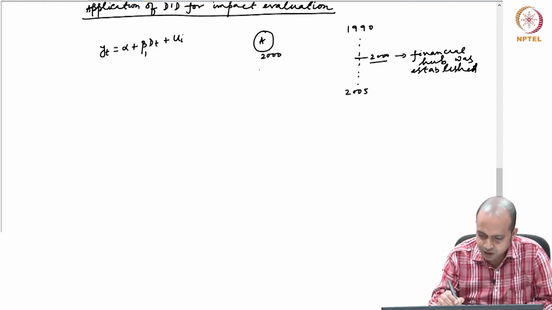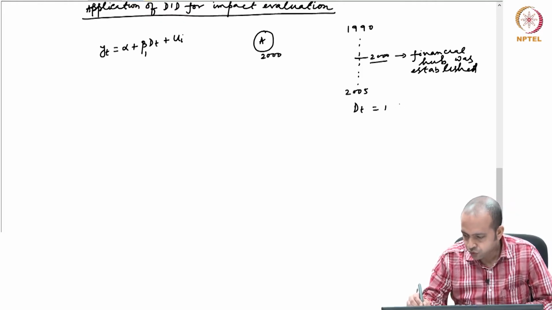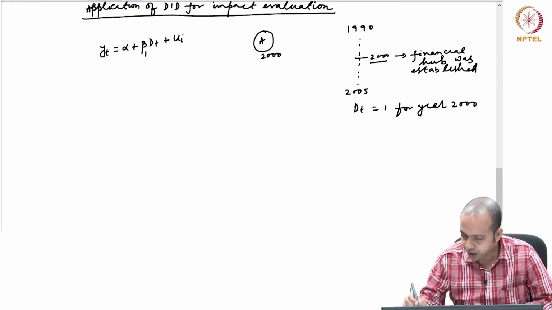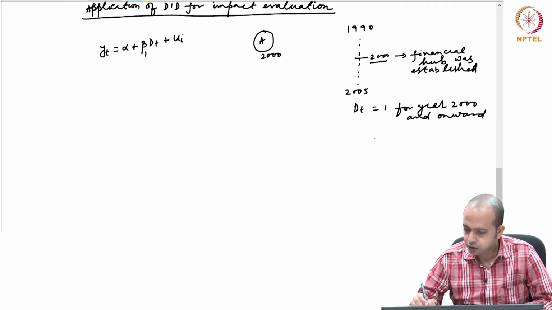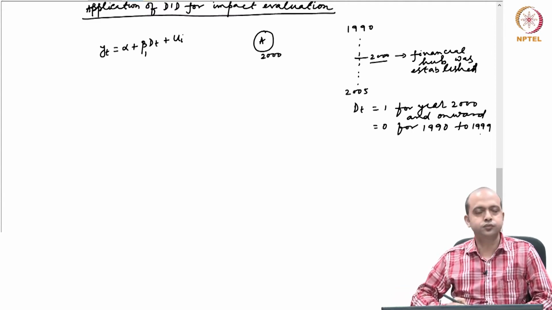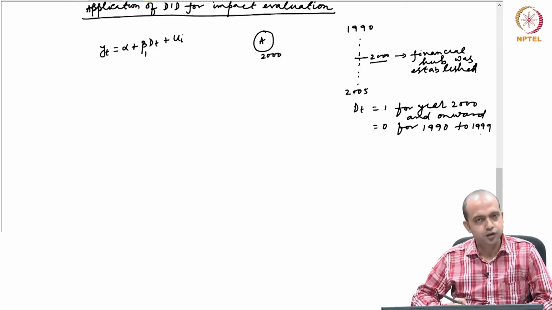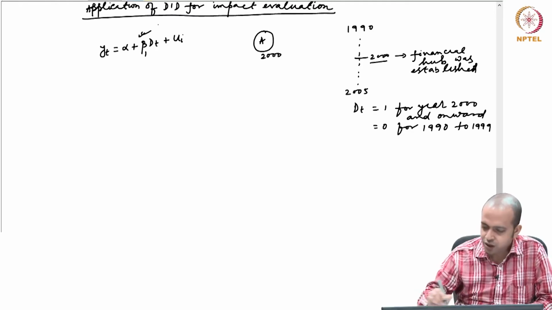Dt equals 1 for year 2000 and onward, and 0 for 1990 to 1999. Okay, and then if you define the dummy, let us say your beta 1 turns out to be significant and positive, okay.